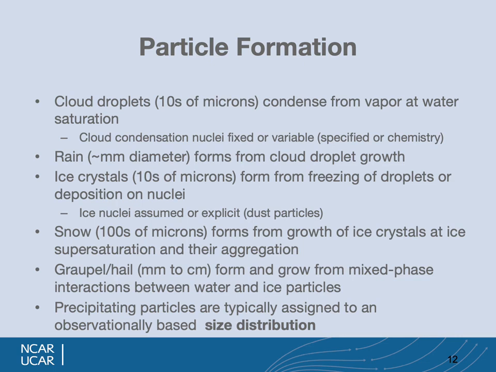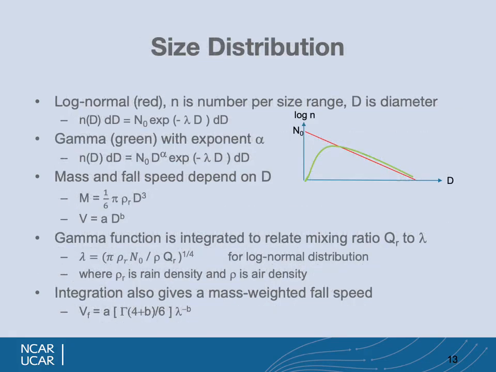And precipitation particles are typically assigned to an observationally based size distribution. So these microphysics schemes have to make an assumption about the size distribution. The simplest size distribution is a log normal one in red here, where the number for a particular diameter goes exponentially with the diameter, and it decreases as the size gets larger, with an intercept at N0.